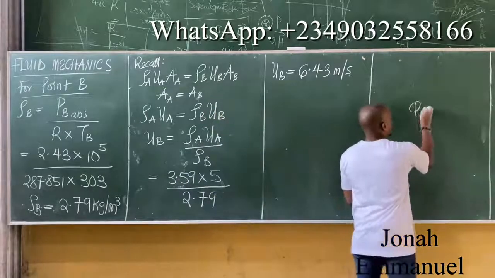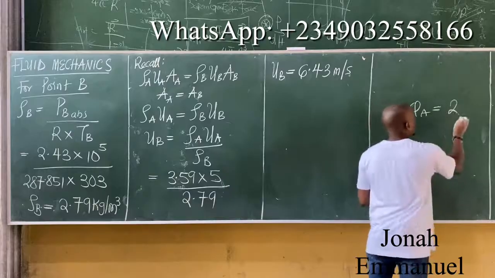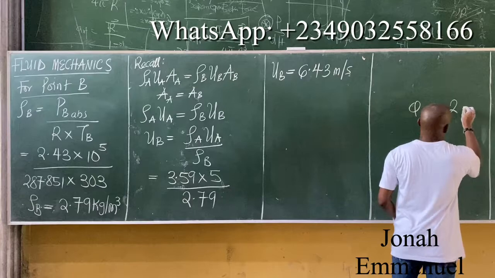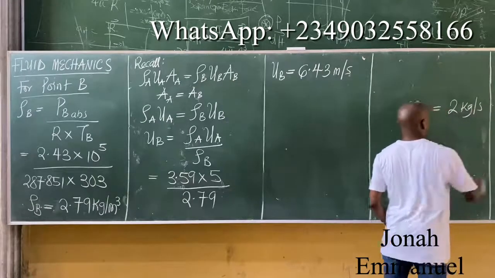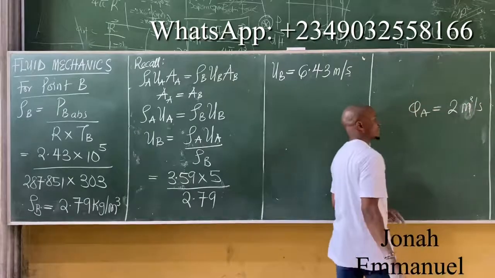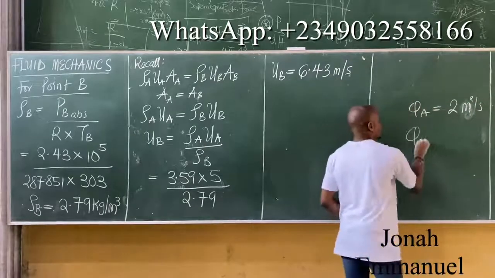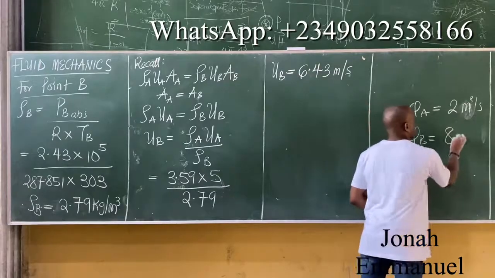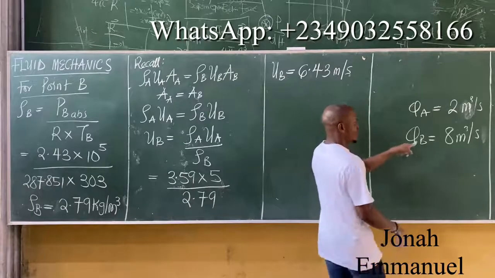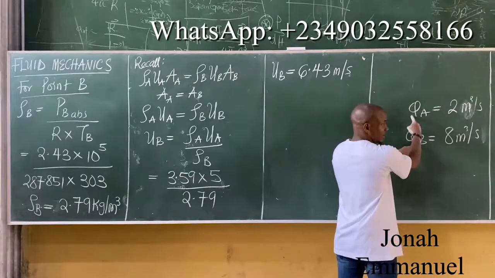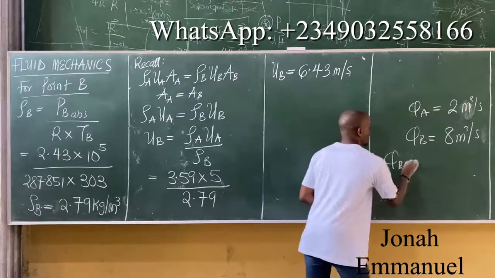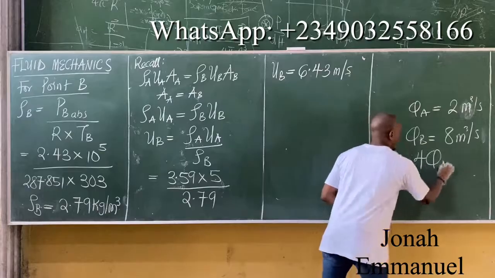Let's say QA is equal to 2 discharge, meter cube per second, that's volume over time. And let's say QB is equal to 8 meter cube per second. What relationship here? This one is 4 times this. So in the line of comparison, you can say QB is equal to 4 QA. It still works like that.